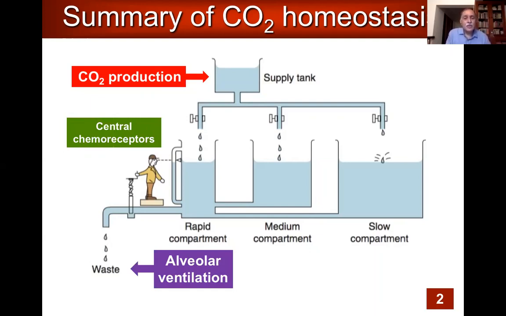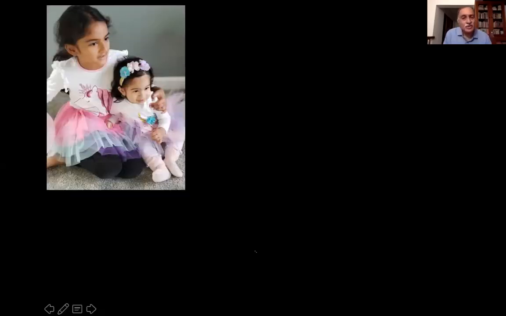And they also look at the pH changes, constantly keeping it at a constant level by either opening up the tap to excrete more carbon dioxide or closing down the tap to reduce the excretion of carbon dioxide, thereby maintaining the amount of carbon dioxide in the blood at a fairly constant level. So this kind of summarizes the CO2 homeostasis.